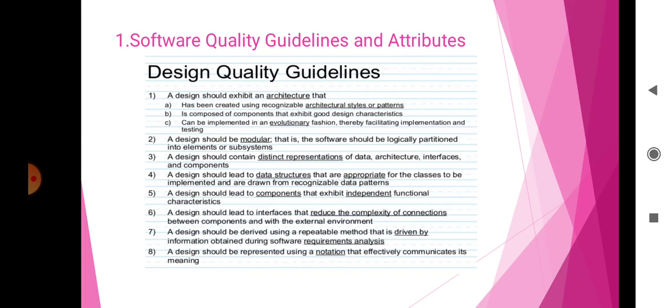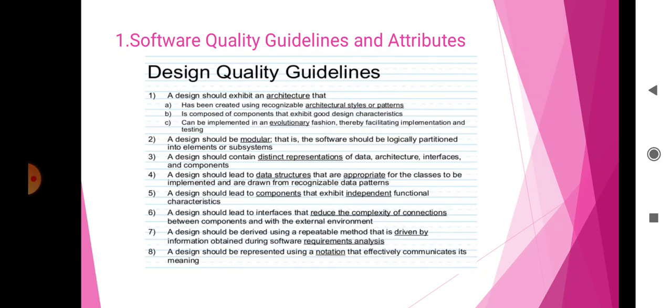First, a design should exhibit an architecture that has been created using recognizable architecture styles or patterns, and is composed of components that exhibit good design characteristics and can be implemented in an evolutionary fashion, thereby facilitating implementation and testing.